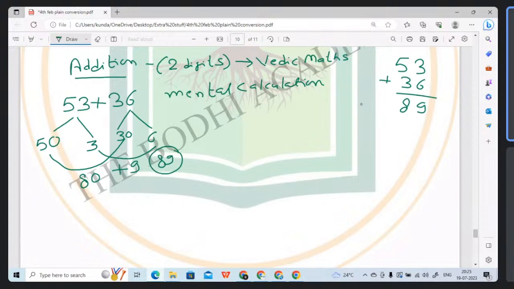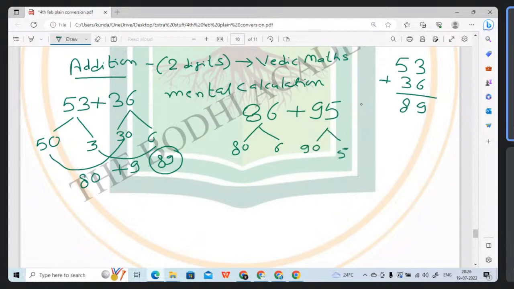Why I'm telling you this technique is because when I will be teaching multiplication, and that also you have to do mentally, at that particular time, this technique helps a lot. Similarly, any other question you take, like say for example 86 plus 95. 86 simple, 80 and 6, 95 simple, 90 and 5.